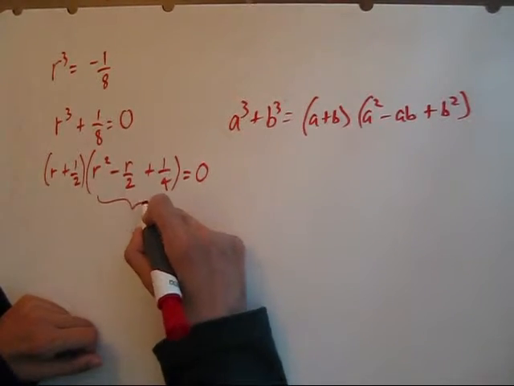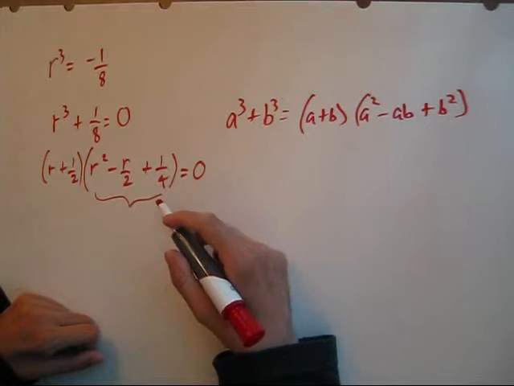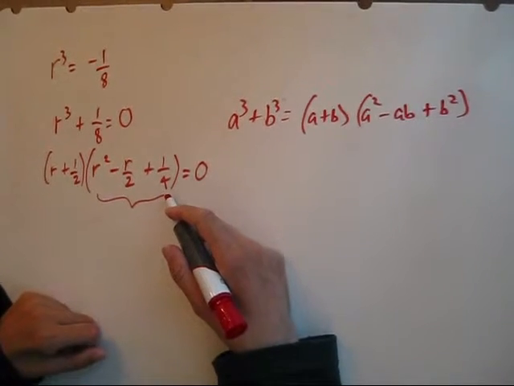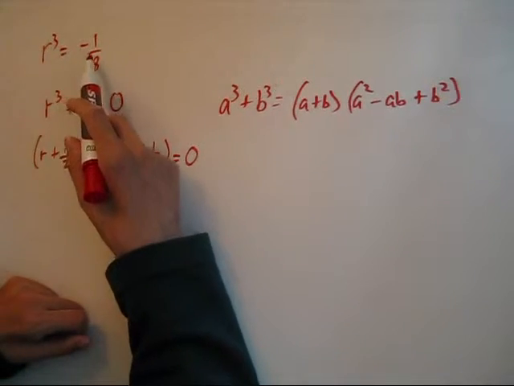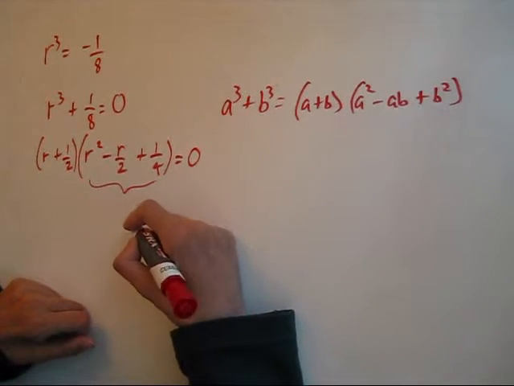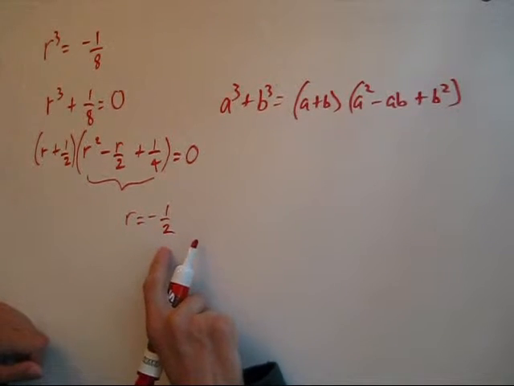Now this factor will give us imaginary numbers. It always does, which is why a lot of times people just skip this step and take the cube root of both sides and get that r equals negative 1/2. So now we know what r is.